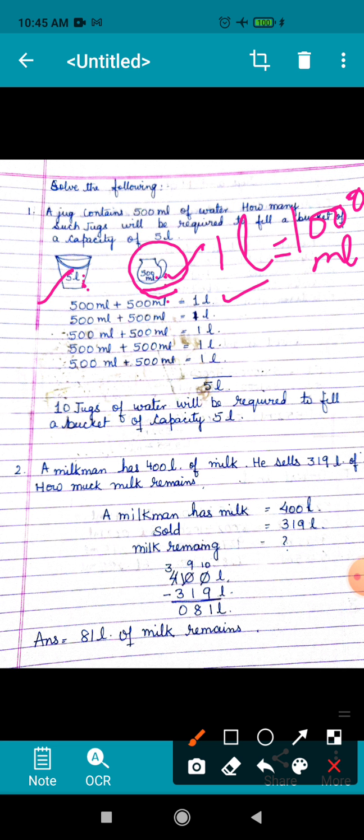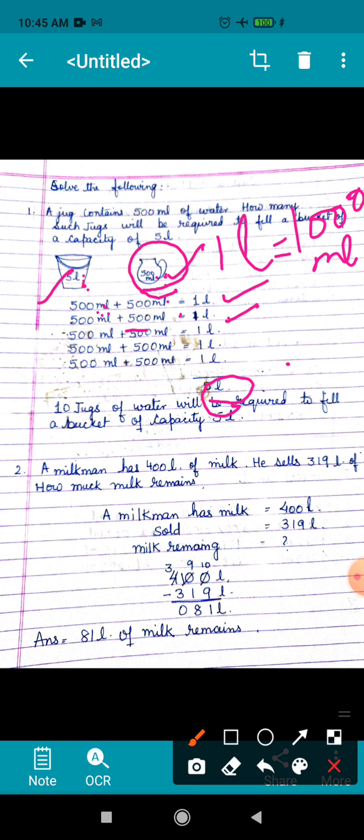Next time again, 2 jugs of water means 1 liter more water you are adding to the bucket. So to make 5 liter of water, we are using 10 jugs of water to fill that bucket. Children, hope you all have understood this.